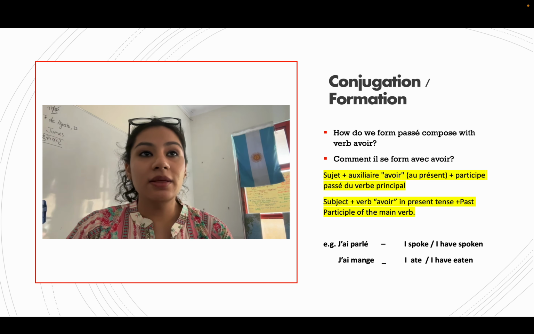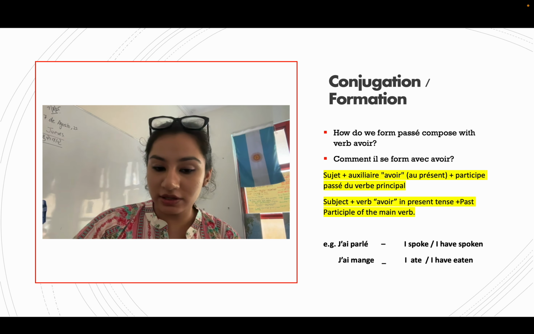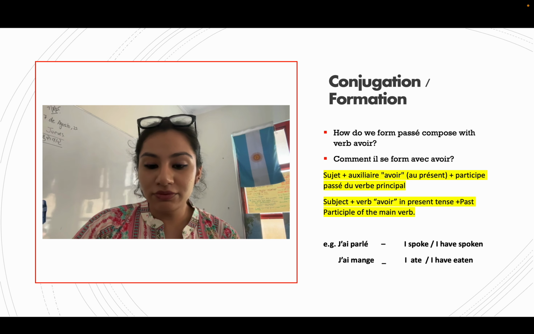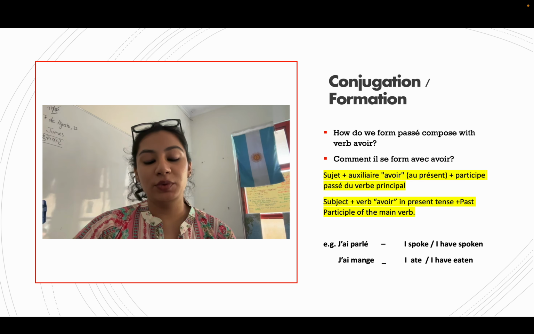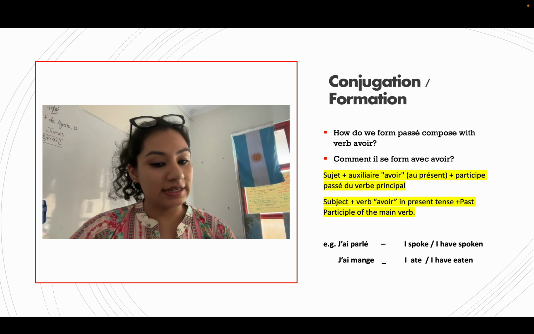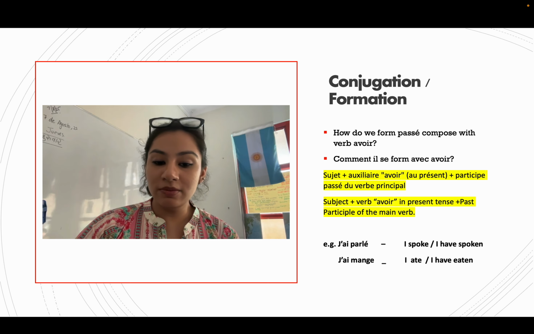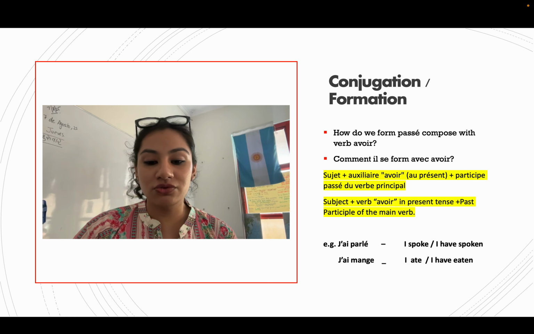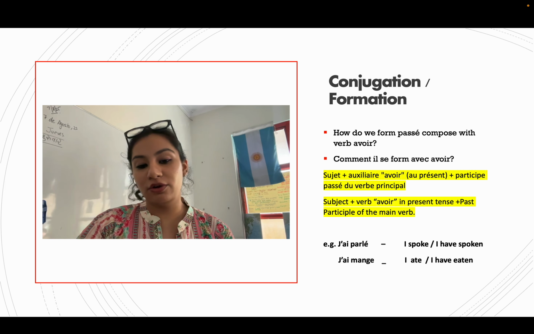So we have to make the participe passé of the verb manger, and we have to add the auxiliary verb, right? If I have to say I have eaten, or I ate my food, I'll say je, I'll conjugate je with avoir in present tense, that is j'ai, plus the participe passé of the main verb.